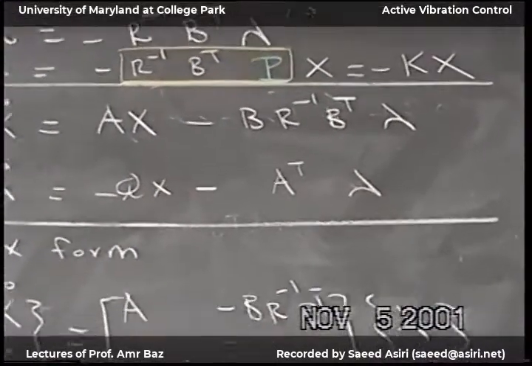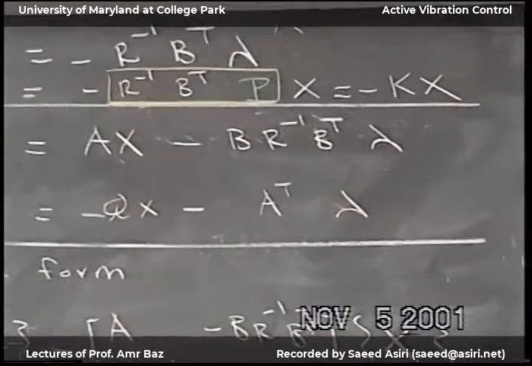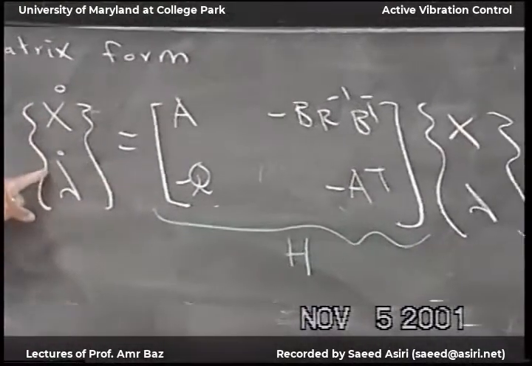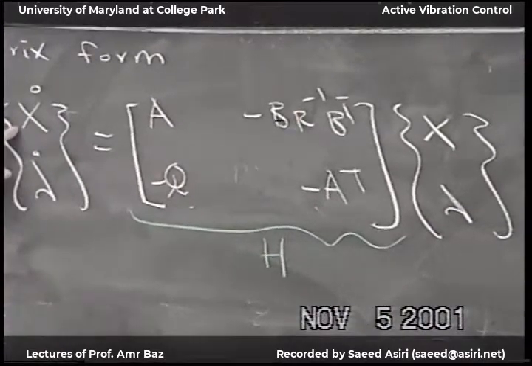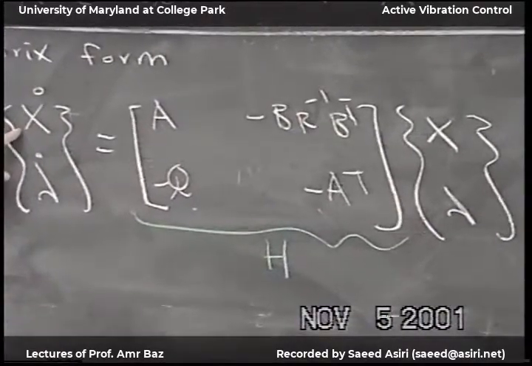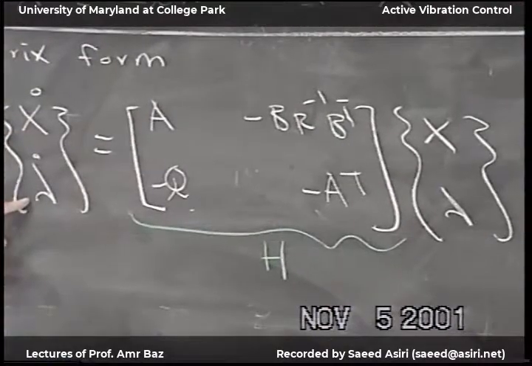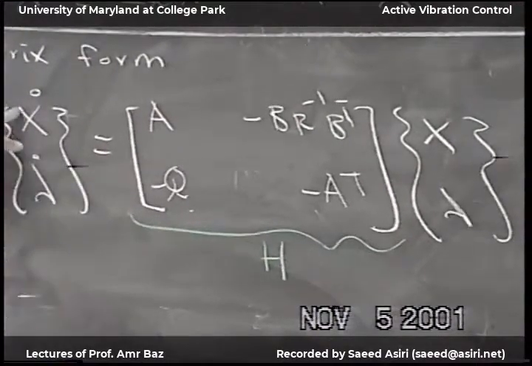Now, this is exactly what we've done, if instead of vectors we make them matrices. We had capital X dot here and capital Y dot here. These are matrices, not vectors.